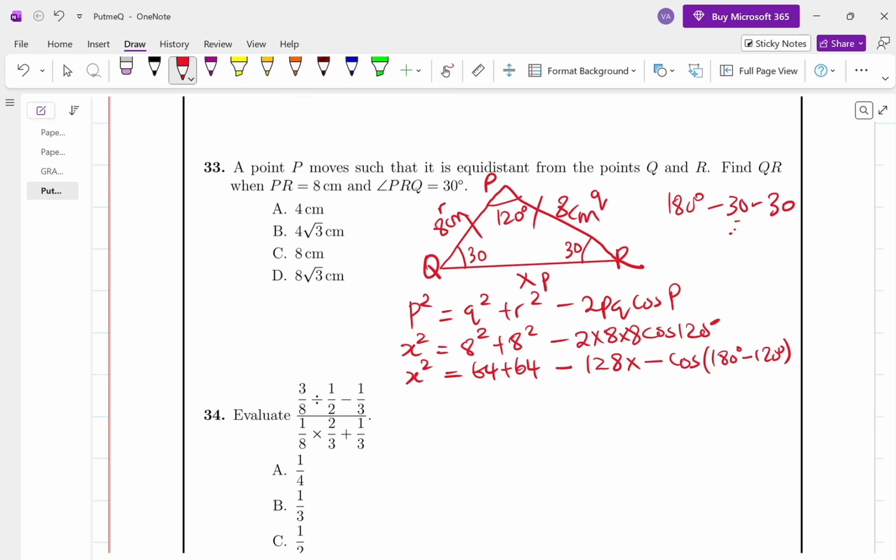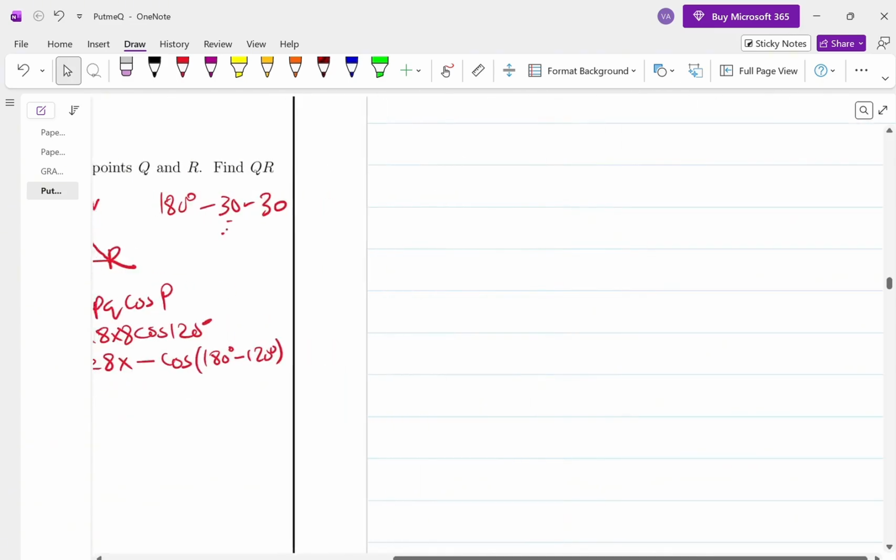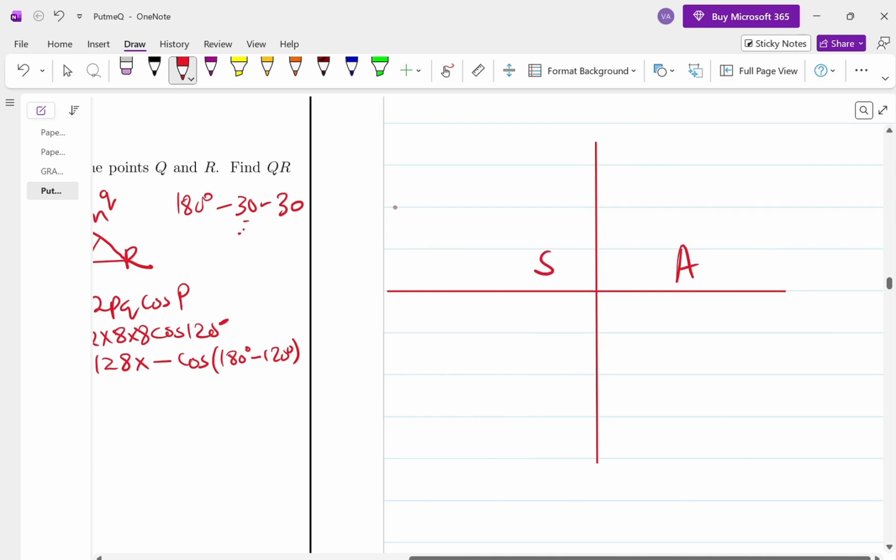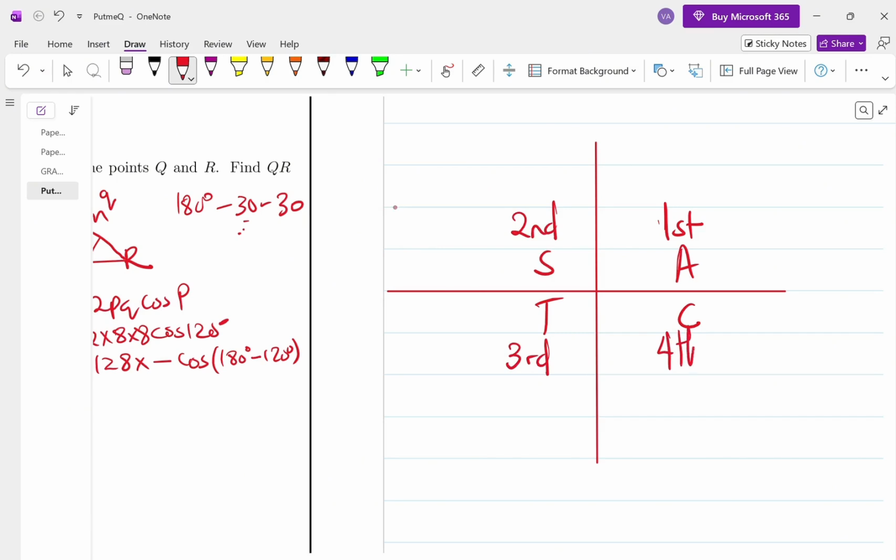So first thing I want to do is, let me teach you this. In the unit circle, let me draw a unit circle. In this unit circle, this is ASTC. This is the first quadrant, this is the second quadrant, this is the third quadrant, and this is the fourth quadrant.